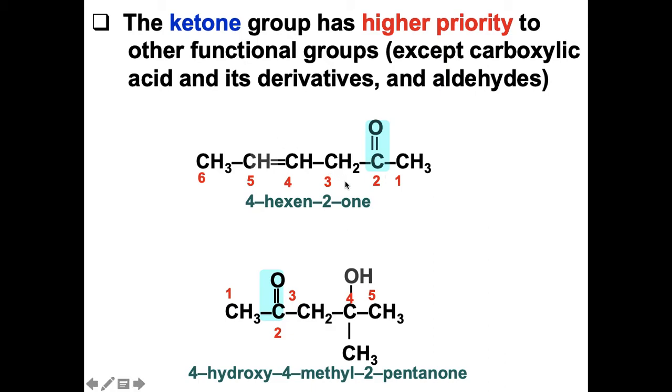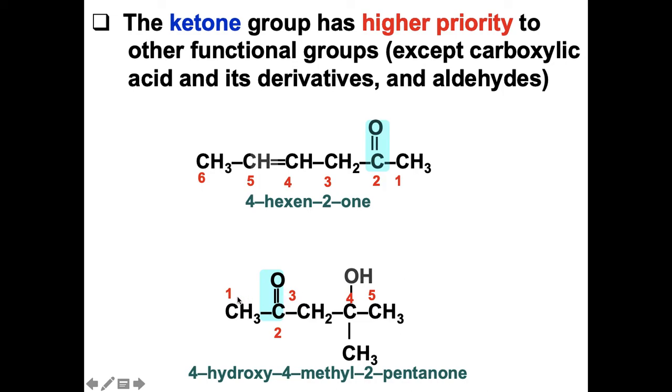It consists of 6 carbons, so hexanone, but you have to put the number for the ketone, the carbonyl group at carbon number 2, and you still have to put the number for the carbon-carbon double bond, which is at carbon number 4. So the name will be 4-hexen-2-one. So you remove the E here and replace it with O, N, E.